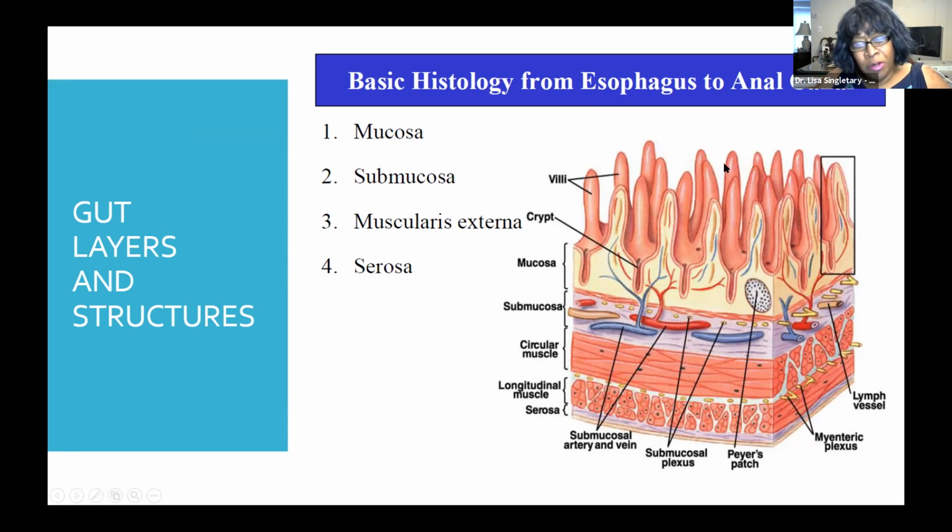But I also want to point out one other structure in this slide, and that's called the Peyer's patch or lymphoid nodules. These patches, and I hope I'm going to blow your mind with a picture of the patches a little later, this is one place where the gut immunity lies. And this is a huge factor.